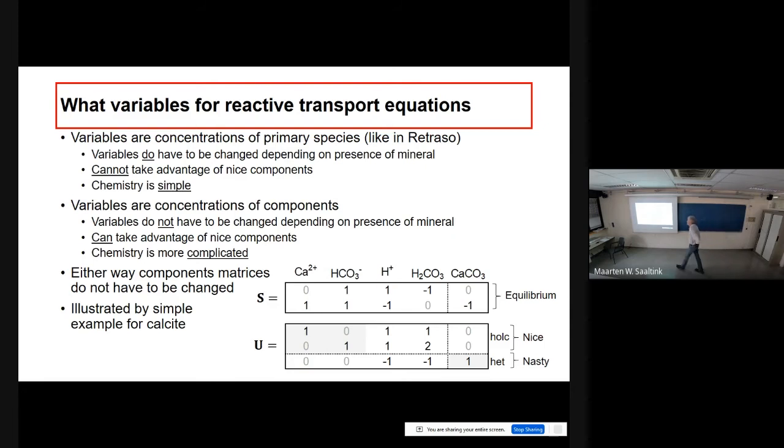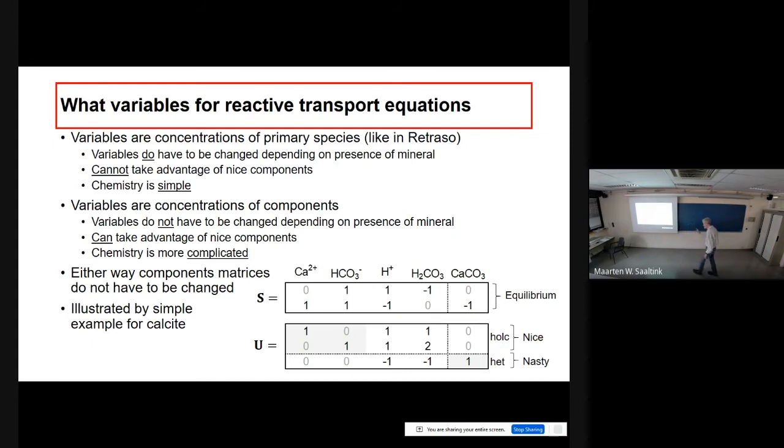Actually, I did this in my thesis. The problem is that this means that I do have to change the variables depending on whether the mineral is present or not. And actually, I cannot take advantage of these nice components. But the chemistry becomes more simple.